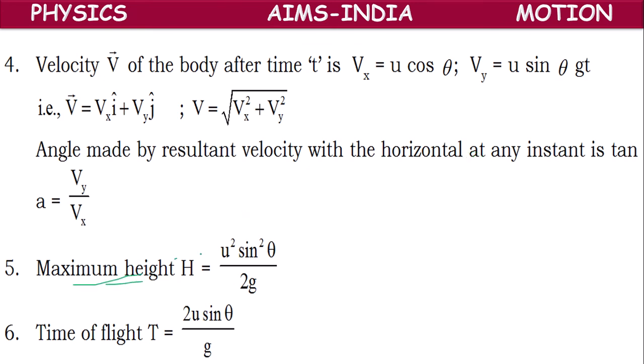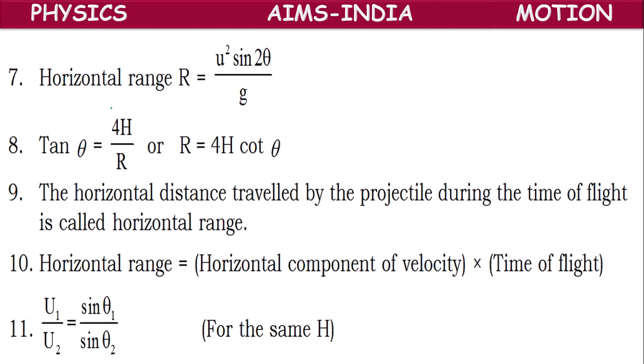The maximum height formula: h equals u square sin square theta by 2g. Time of flight formula: T equals 2u sin theta by g. Horizontal range formula: R equals u square sin 2 theta by g.